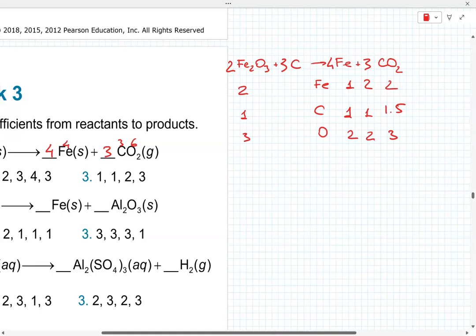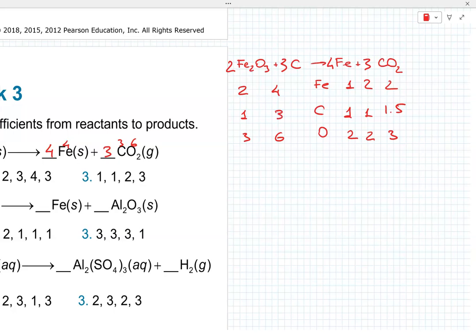I'm asking Kaylee. So we have 2 times? Yes. Oxygens? Carbons? Nope. Because you see carbon doesn't have a subscript, it's just carbon. So no subscript means 1.